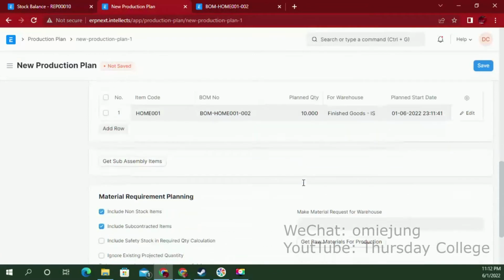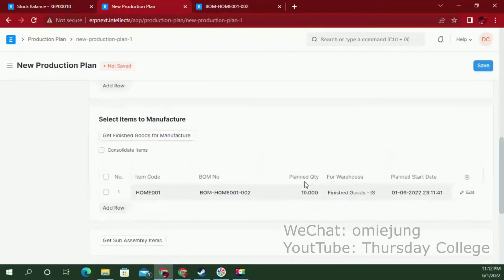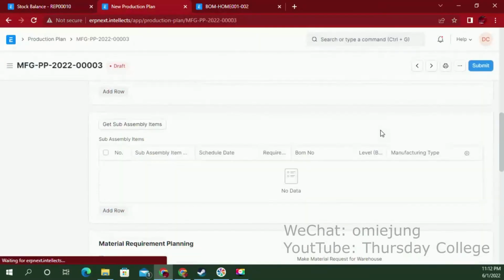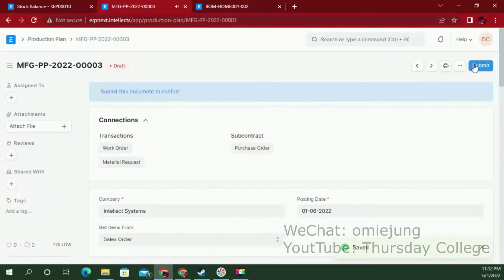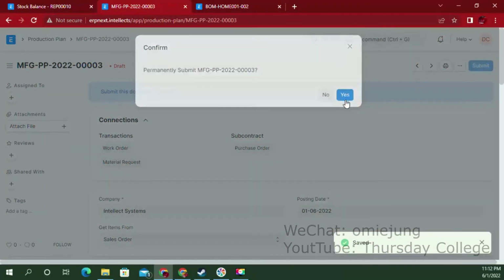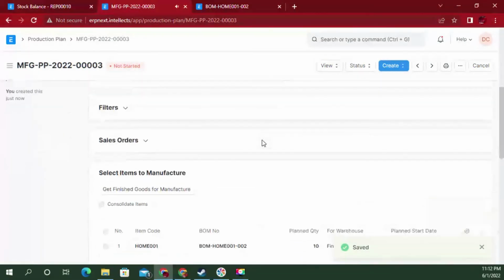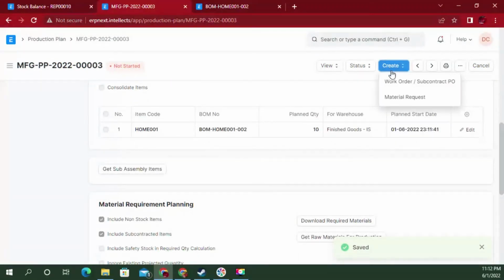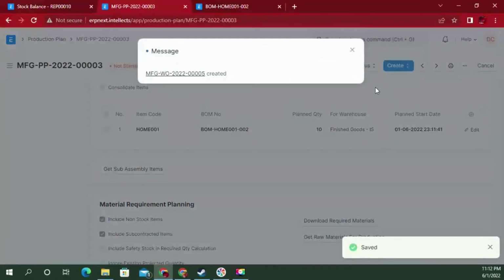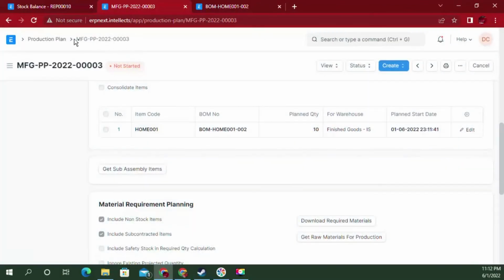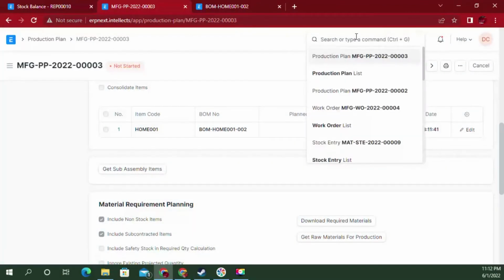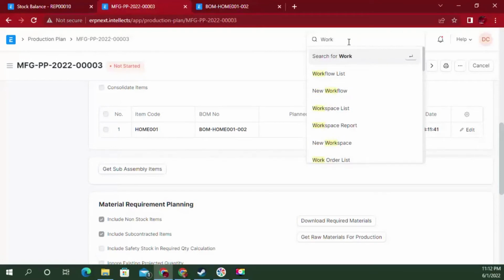So number 2, and then yeah, we should have everything that we need already, so we just start the production plan here. And then after you have the production plan, you just create the work order based on the new production plan. Here we are, and then you go to the work order and repeat the process again.